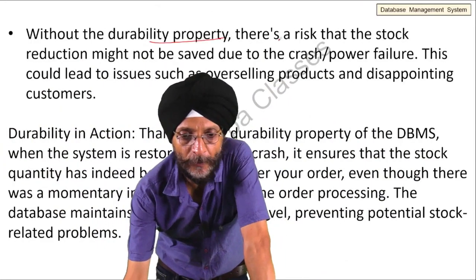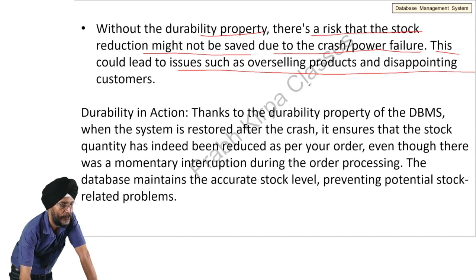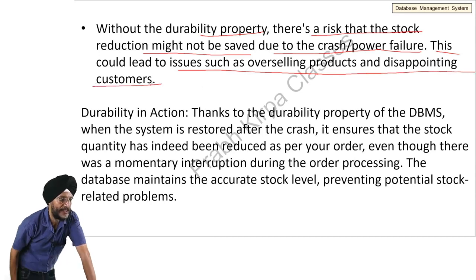Without the durability property, there is a risk that the stock reduction might not be saved due to the crash or power failure. This could lead to issues such as overselling products and disappointing customers.